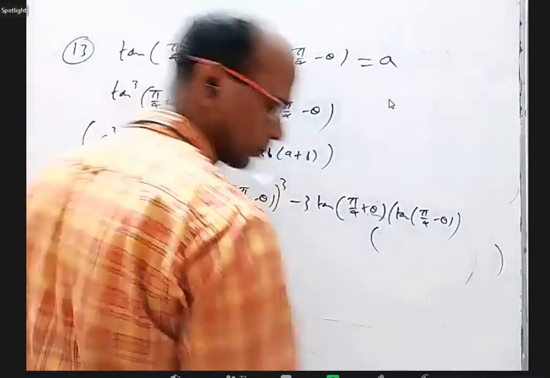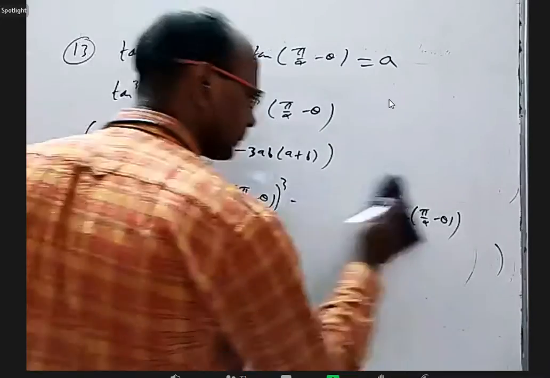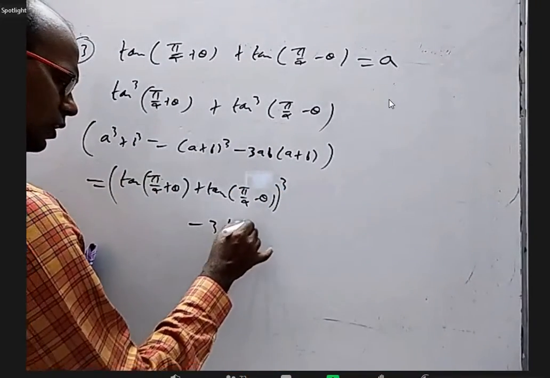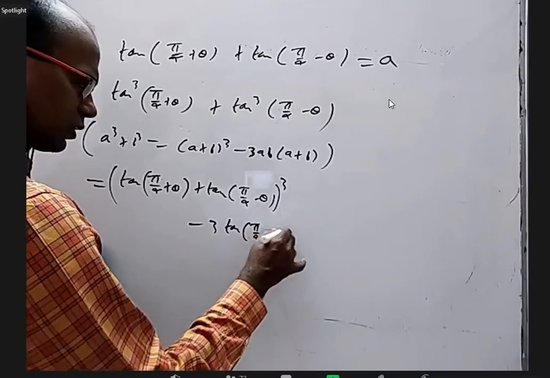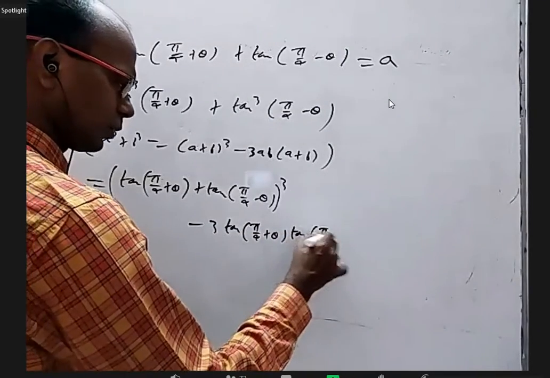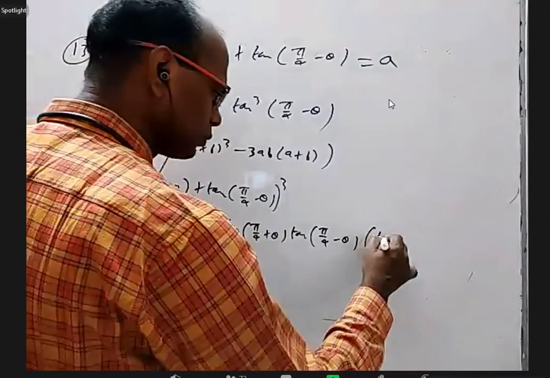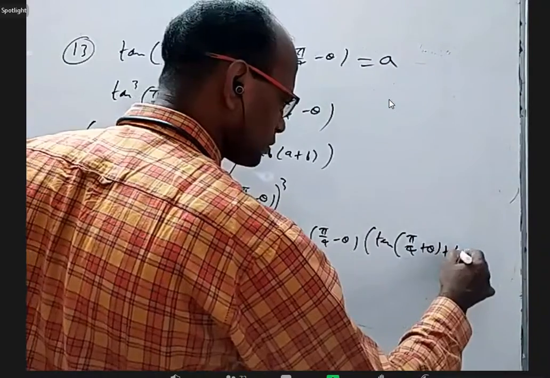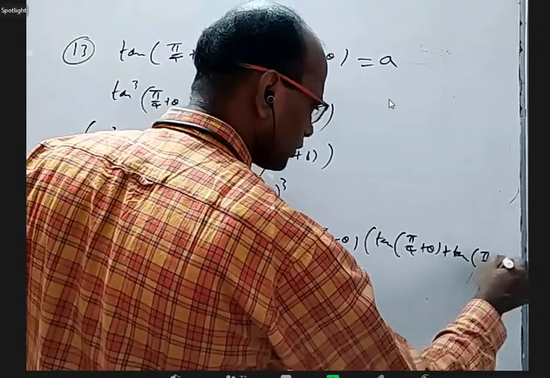I should write just minus 3 tan pi by 4 plus theta into tan pi by 4 minus theta into tan of pi by 4 plus theta plus tan pi by 4 minus theta.